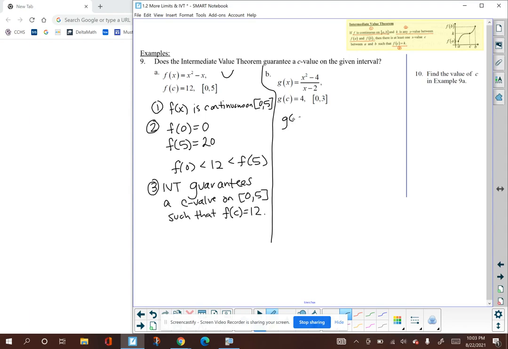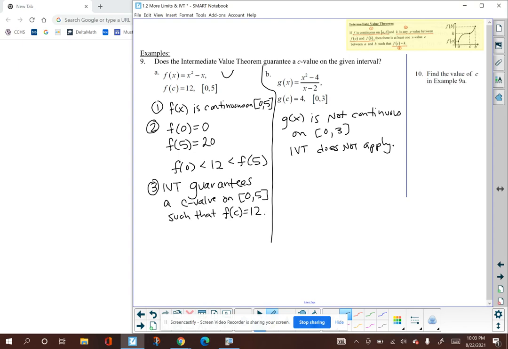We would say g of x is not continuous on [0, 3]. The intermediate value theorem does not apply. And you could say there's a vertical asymptote at 2 if you wanted, or you can just say, hey, this thing's not continuous. Okay, so this is one example of when the intermediate value theorem does apply, and one example of when it does not apply.